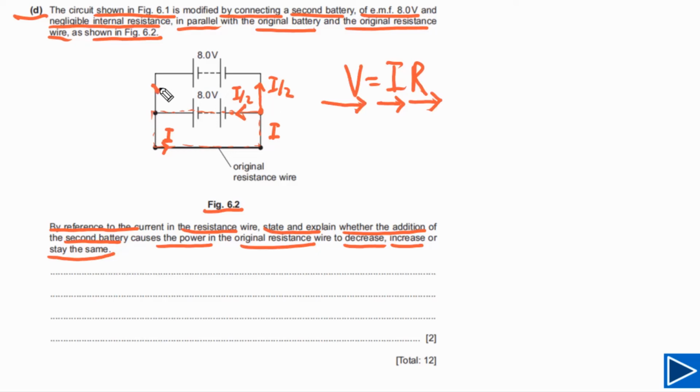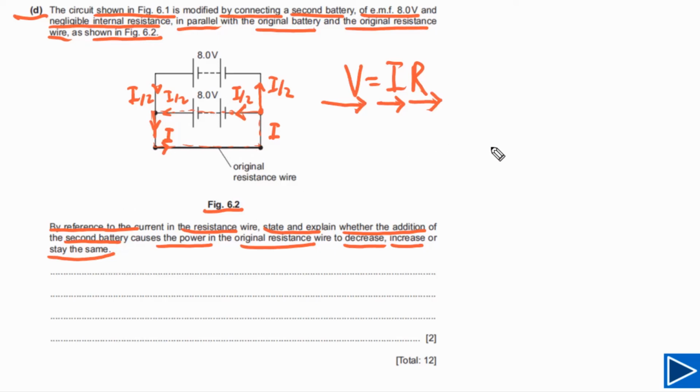So at this junction, current entering is I by 2, this is also I by 2, and current leaving is I. We need to understand that current entering or leaving any battery is always the same. So current entering this battery is I by 2 and leaving is I by 2, and it is the same for the second battery. The total current passing through this wire is still I. So there is no change in current.